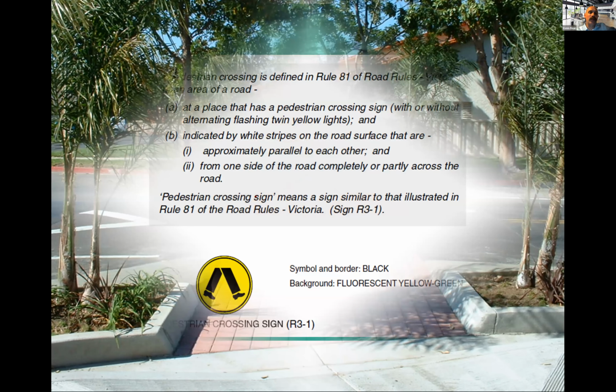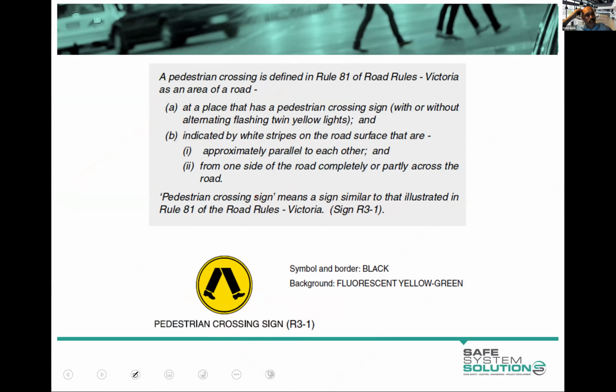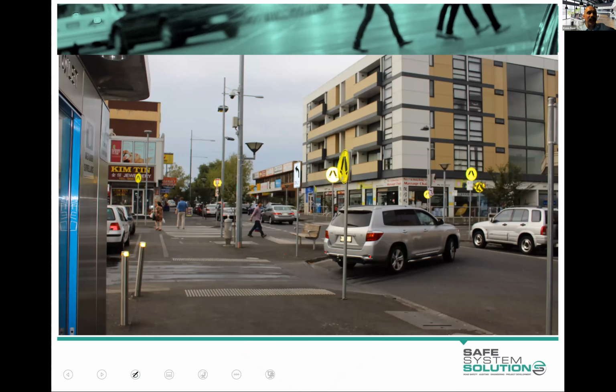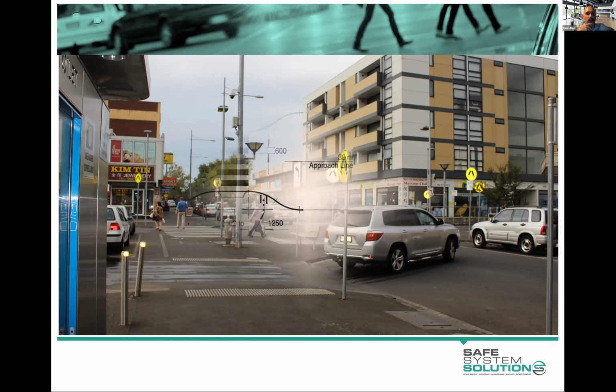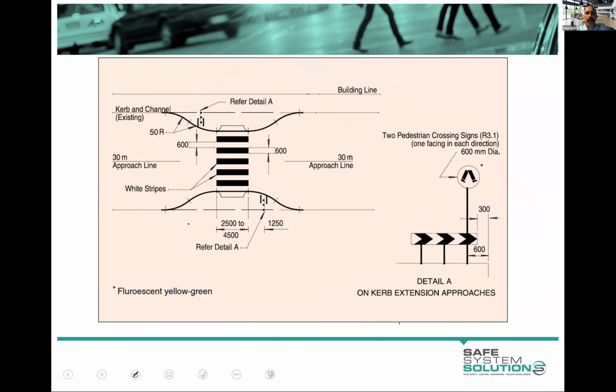If you want to do pedestrian priority, you look at your jurisdictional guidance. What does it need? It needs pedestrian crossing signs in most jurisdictions. It needs the line marking, the zebra crossing line marking. So this one technically wouldn't be compliant because it doesn't have the actual line marking across it. It's got the signs, but this one would be okay. So you can look into your jurisdictional guidance, of course, and look at that.